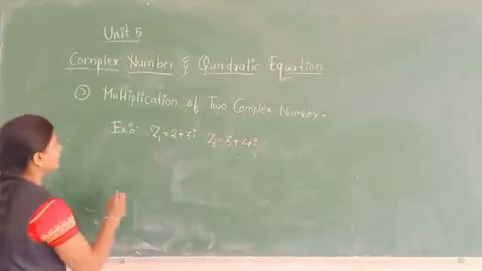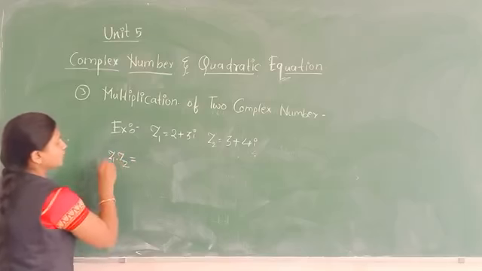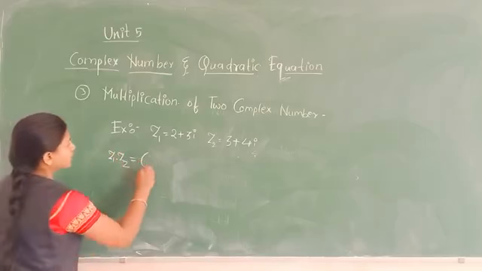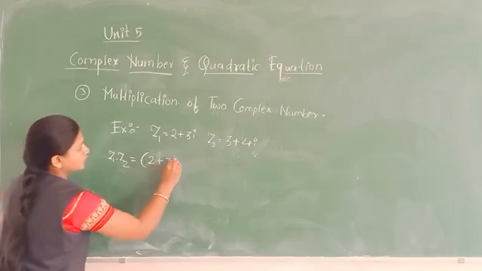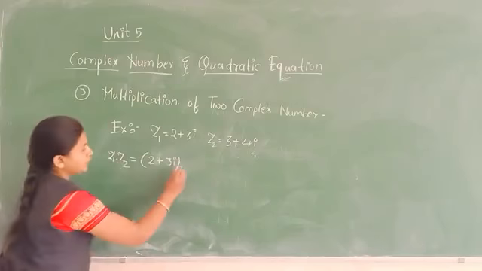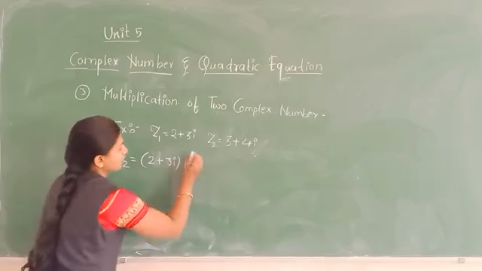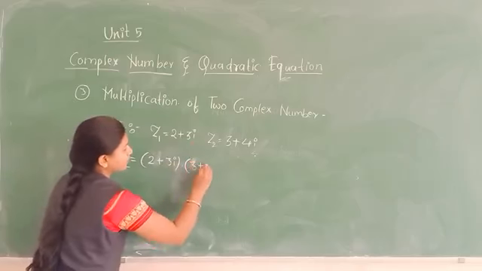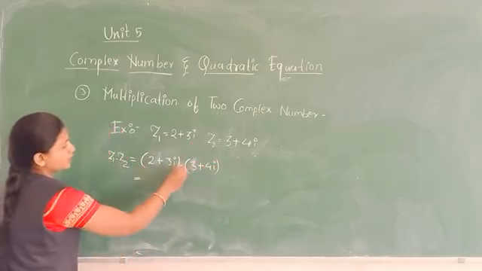These are the two complex numbers. Then Z1 into Z2, that is the multiplication of two complex numbers, is 2 plus 3i into 3 plus 4i.